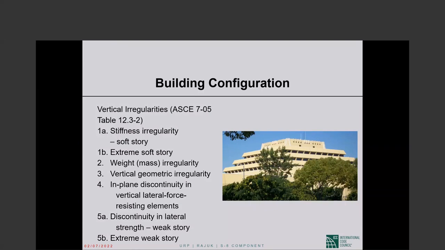Initially, we used to call them plane irregularity, and then there is vertical irregularity. Okay? The categories are stiffness irregularity or soft story, extreme soft story, 1A and 1B. 2 is weight or mass irregularity. 3, vertical geometric irregularity. 4, in-plane discontinuity in vertical lateral force resisting elements. 5, discontinuity in lateral strength or weak story. 5B is extreme weak story.